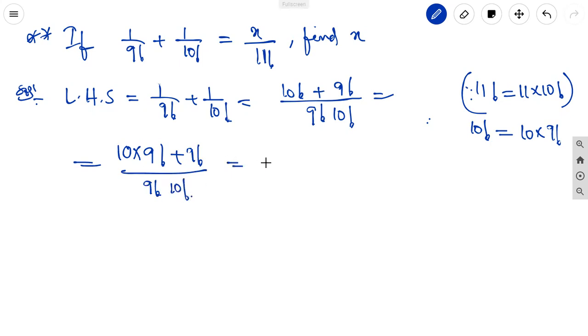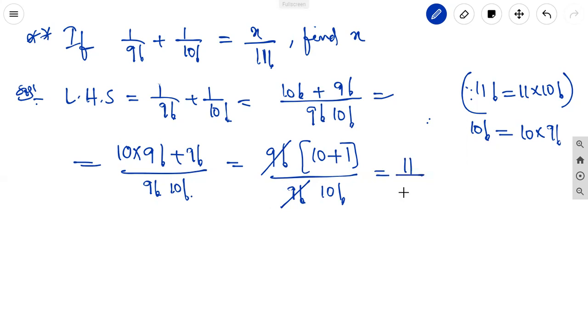That is equal to 9 factorial taking common in the numerator. The remaining terms are 10 in the first term, 1 in the second term, by 9 factorial into 10 factorial. 9 factorial gets cancelled. It is equal to 11 by 10 factorial.